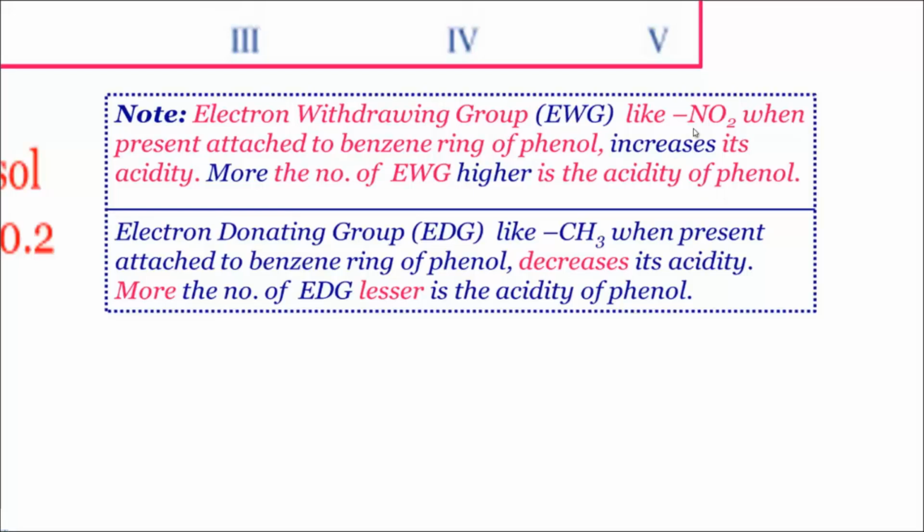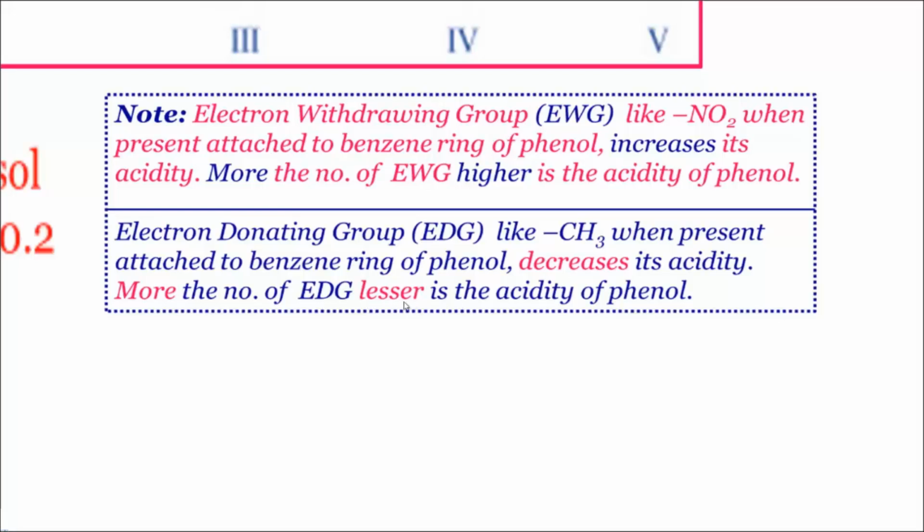Therefore, if phenol has a nitro group attached to it, its acidic strength will always be greater. An electron donating group, for example a methyl group, when attached to the benzene ring, decreases its acidity. Moreover, if more such electron donating groups are attached to the phenol benzene ring, then its acidic strength goes on decreasing.